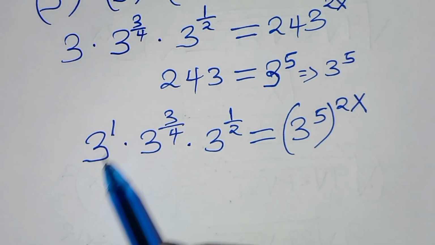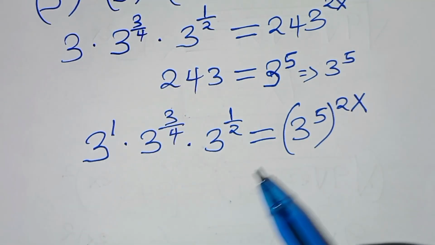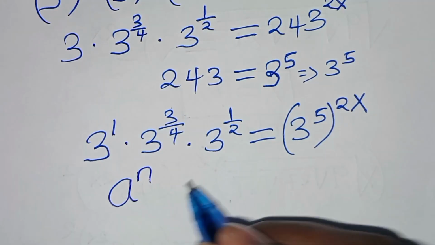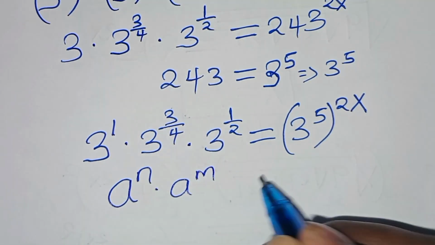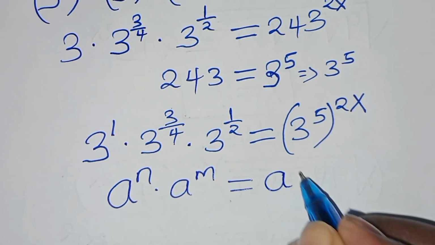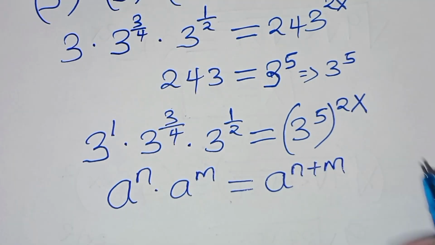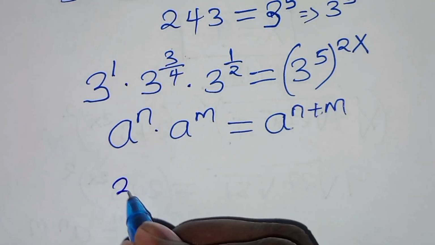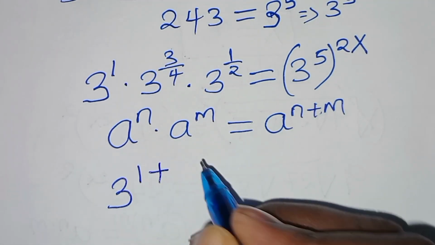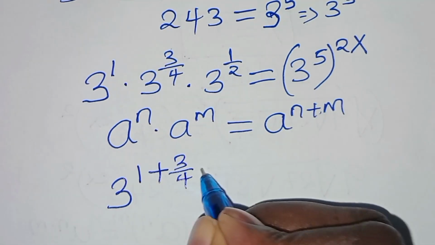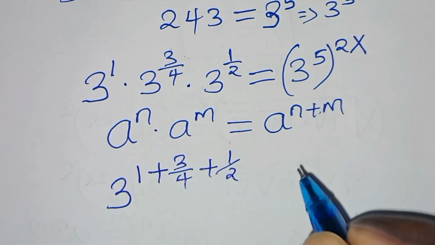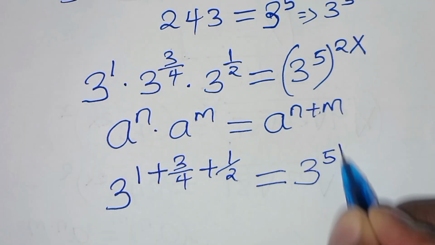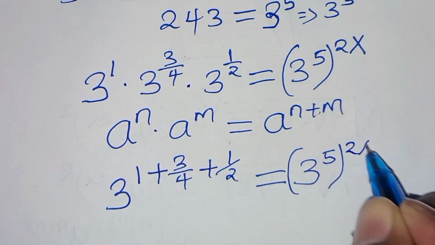Now you find that 3 to power 1 times 3 to power 3 over 4 times 3 to power half, this is in the form of a to power n times a to power m, which you can express as a to power n plus m. Applying this exponent property, here we have 3 to power 1 plus 3 over 4 plus half. This is equal to 3 to power 5 raised to power 2x.